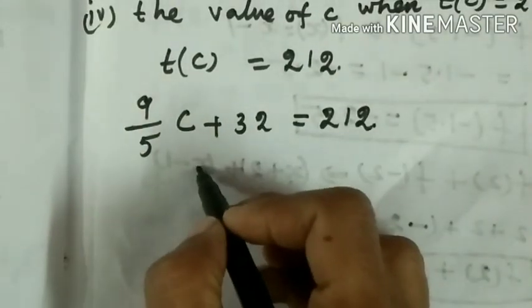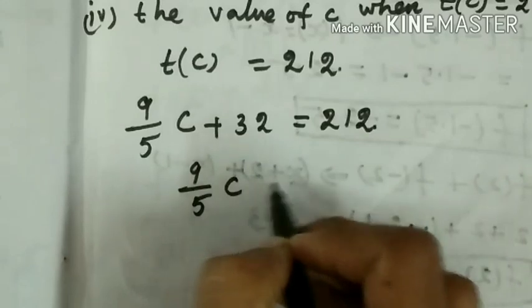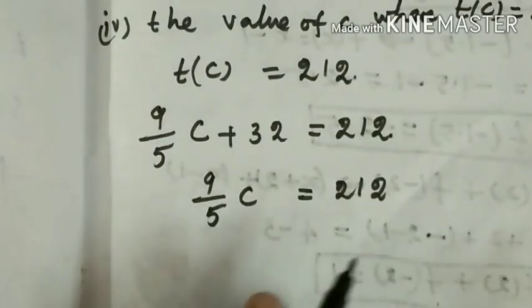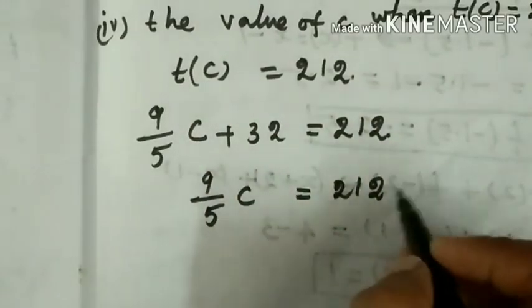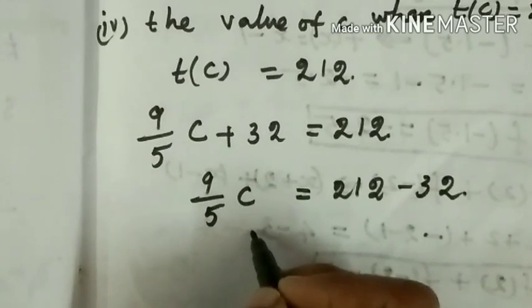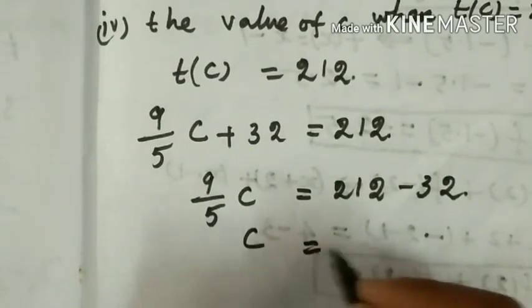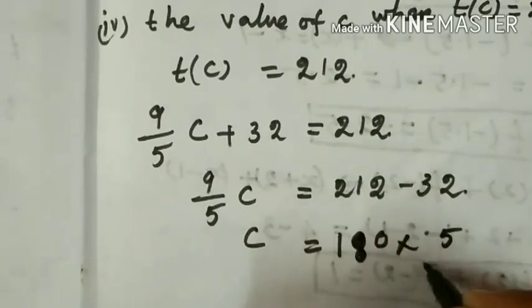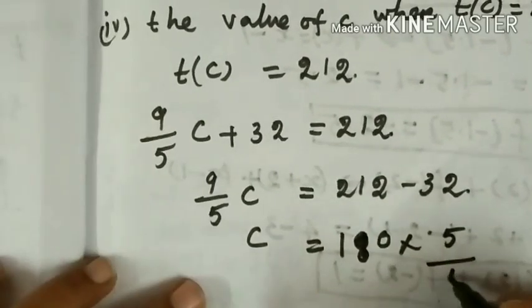That is 9 by 5 C equal to 212 minus 32. Then C equal to 180 into 5 by 9.